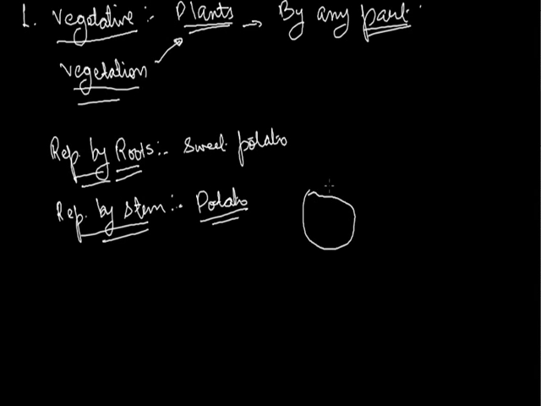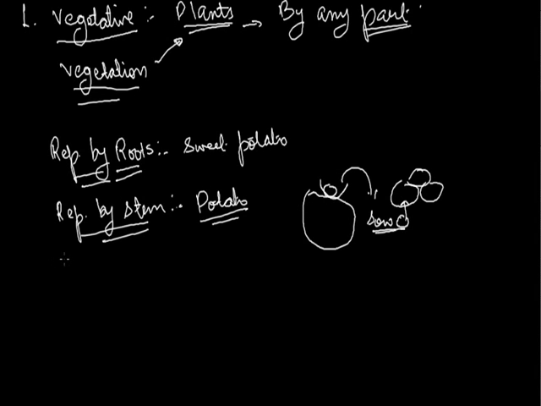This potato will generate buds on it, and if we cut this bud and sow it into the soil, then what will happen? From here new potatoes will generate. So that's why we are saying that the potatoes are generated by the plant part, and that's why we are calling it vegetative reproduction by the stem.